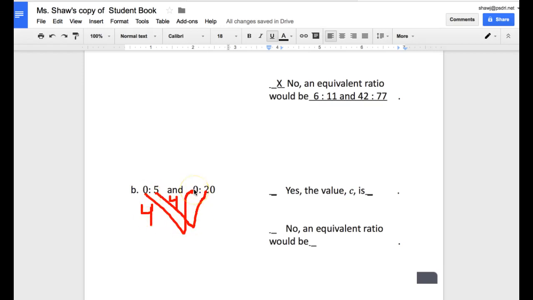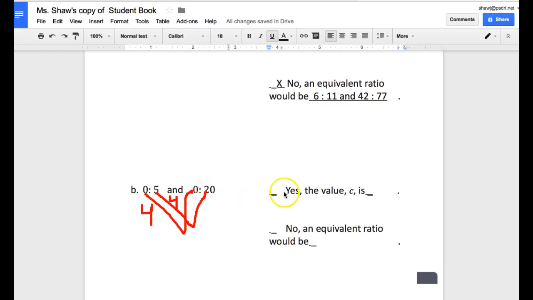It's 0. So if we're not careful, if we go only by the first number, we could be incorrect because this does work as a ratio. The number we're multiplying it by cannot be 0. That's important to note. But we can multiply 0 by 4 and still get 0. And we can multiply 5 by 4 and get 20.